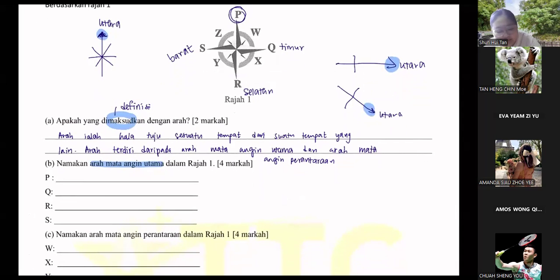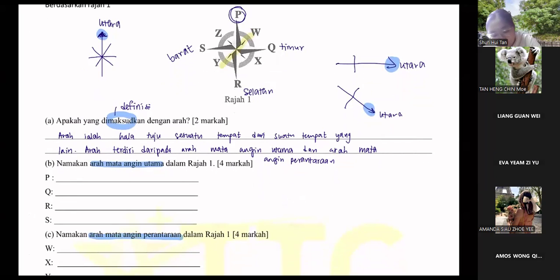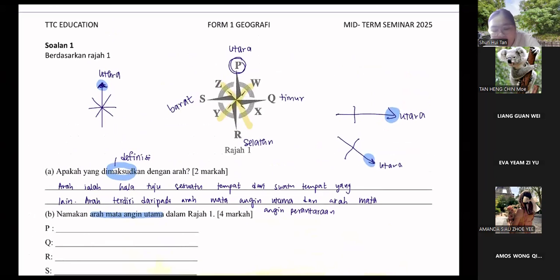How about the next question? They say arah mata angin perantaraan. Arah mata angin perantaraan means the in-between directions. So what is W? In between utara and timur, we have timur laut.